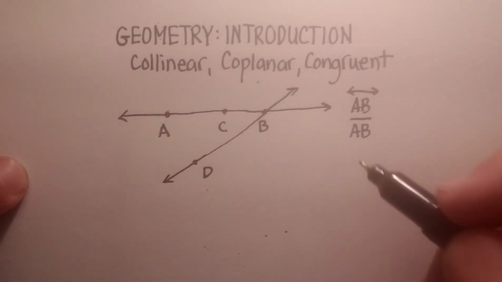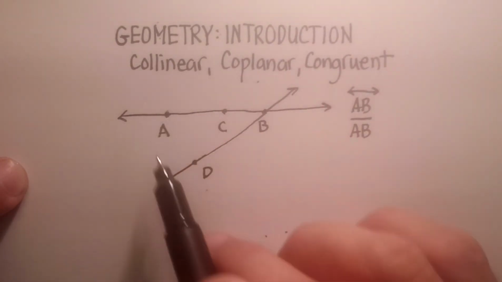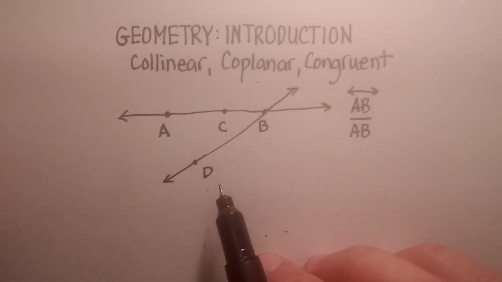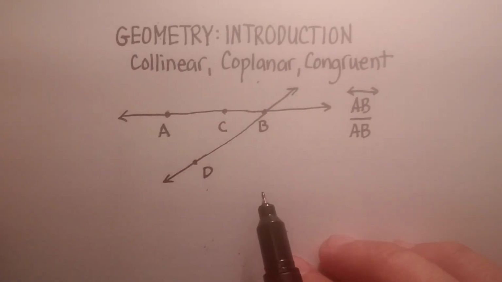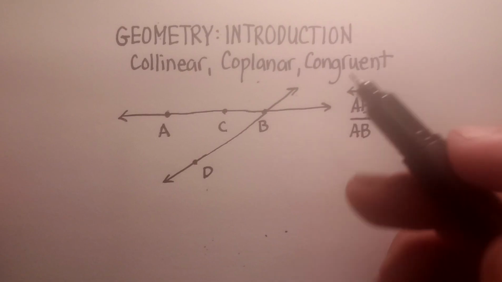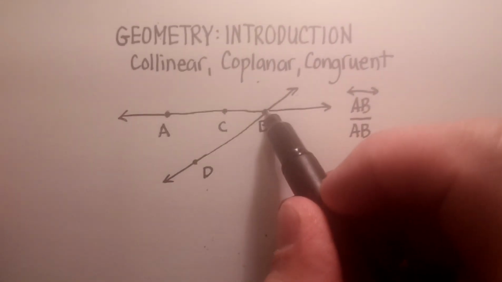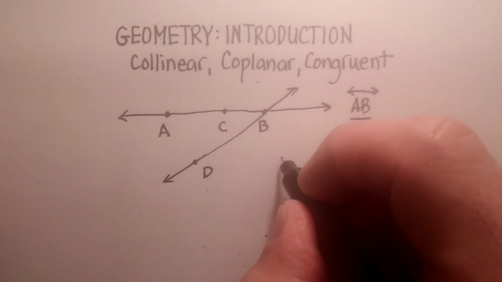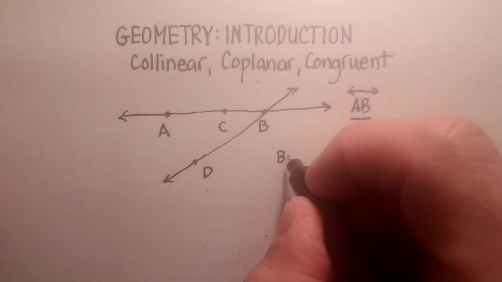Okay, so here's a question for you. What point is collinear with each of the other 3 points that I have designated here? And if you said point B, you would be correct, but you'd have to be a little bit more accurate. You could say point B is collinear with point D on line BD.